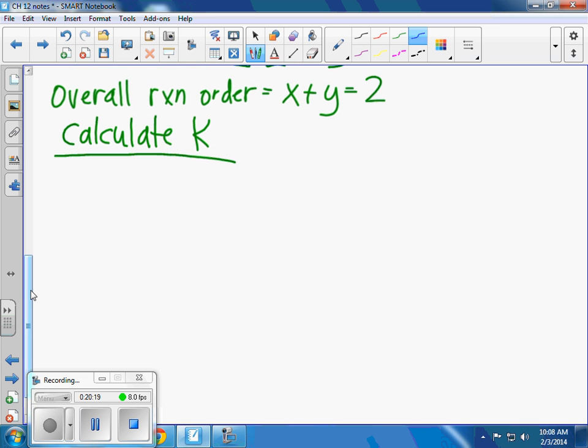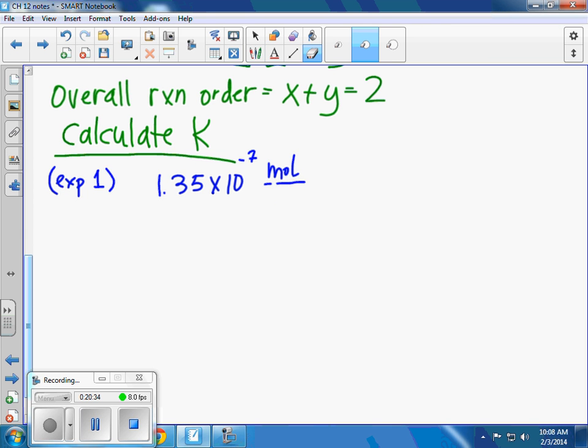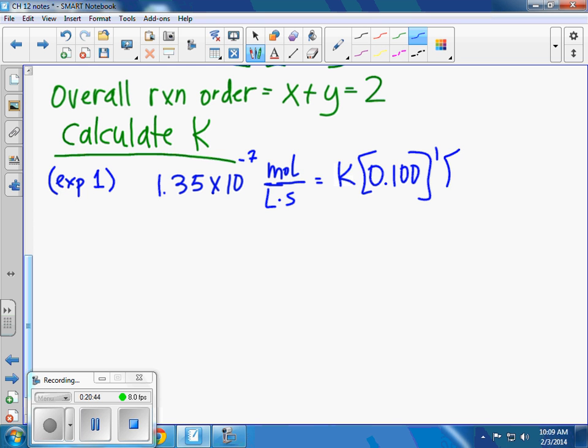So I took experiment 1. My rate is 1.35 times 10 to the negative 7th moles per liter second, which is equal to K times the concentration of the first reactant, 0.1 raised to the first power, and the second, raised to the first power again.